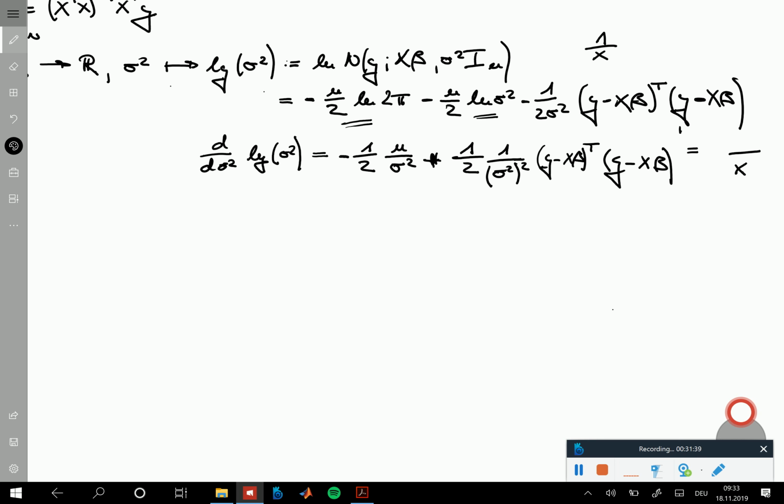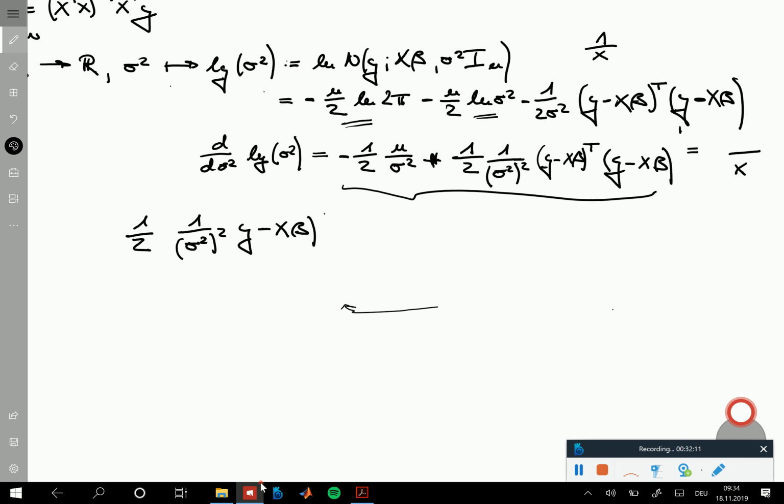Yeah, it's a little bit of a longish proof in the script for that. It's actually not that complex as I make it there. And then this needs to be set to 0. If we set this to 0, we get an equation of the form 1/2 times 1 over sigma square, y minus x beta transposed, y minus x beta, equal to 1/2 n over sigma square.